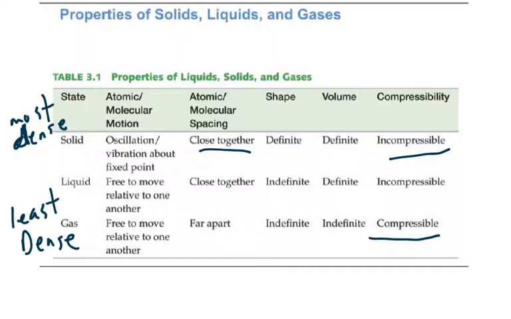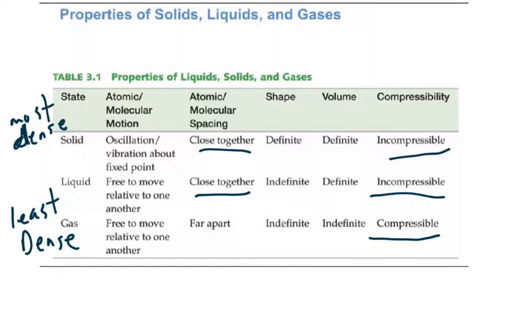Now, the liquid phase. The particles are close, not as close as a solid, but they're close enough that really there's not much compressibility when you're in the liquid phase. So if they are compressible, it would be either slightly or none. So we're going to say that liquids and solids are both incompressible, and that's due to the closeness of the particles.